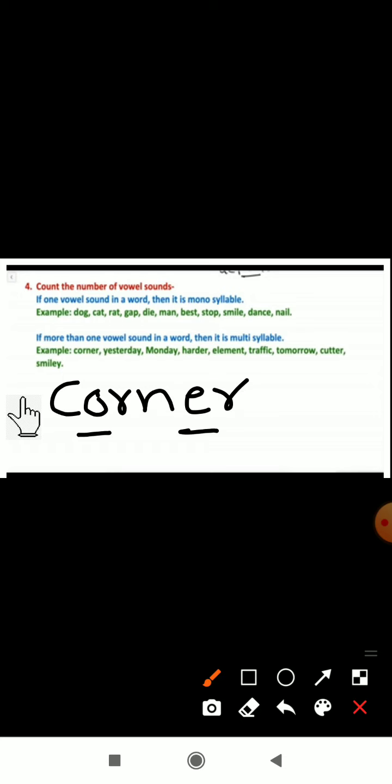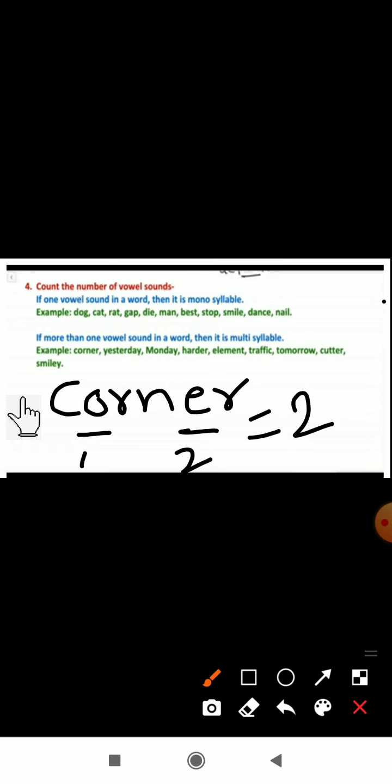Now the second rule, what is the second rule? Remember it. Whether they are together? No, they are not together. Third rule, whether it is ending with e? No. So how many syllables are there? One and two. So it is called two syllables.